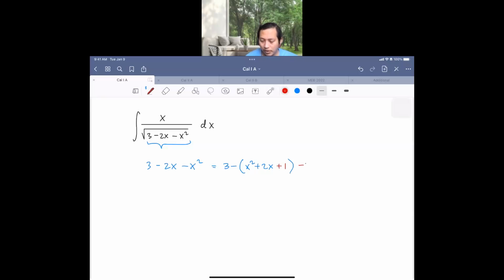And then minus 1 outside. Why minus, so it should be plus. So we have 4 minus x plus 1 squared.